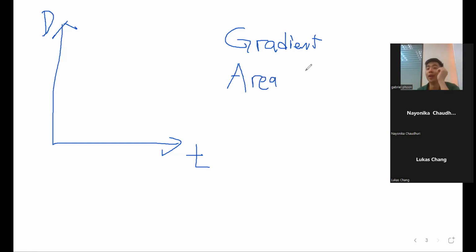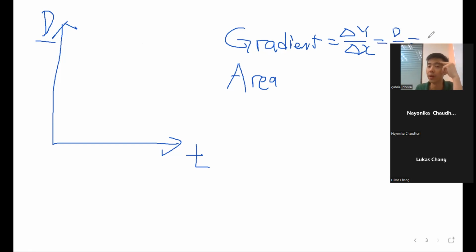Guys, very important now, pay attention when I keep saying this. Whenever we have graphs, not only in physics, even in mathematics, the gradient is always supposed to tell you information, because the gradient mathematically is change in y-axis over change in x-axis, your y2 minus y1 over x2 minus x1. In this case, your y-axis is your distance and your x-axis is your time.